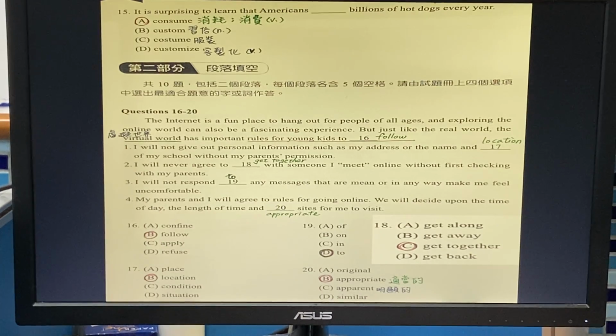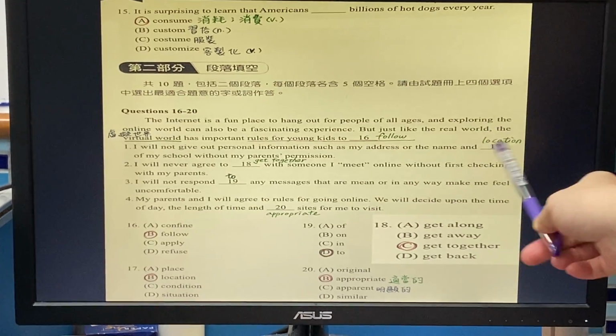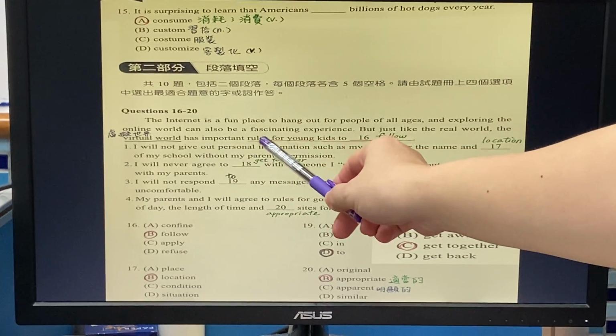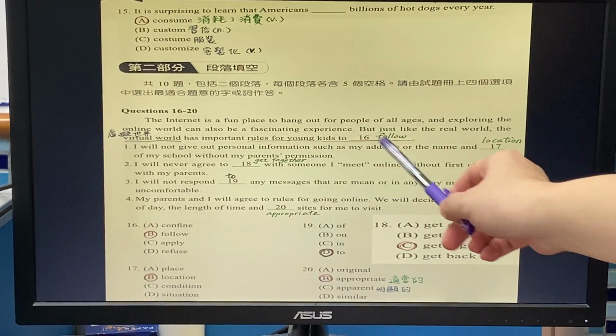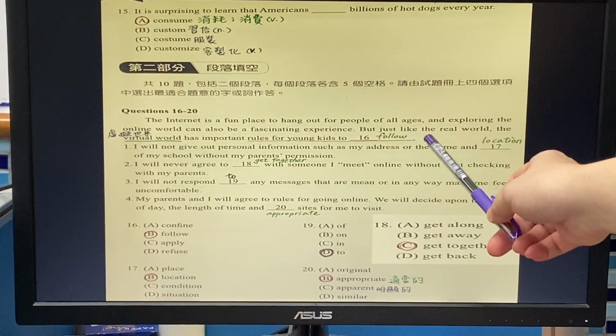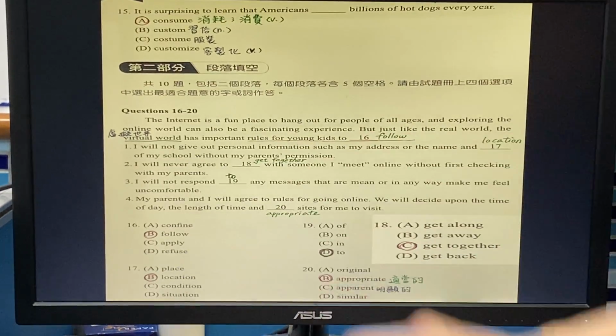Next, from 16 to 20. Look at 16. The virtual world, 虚拟世界 has important rules for young kids to follow. 遵守规定，我们会用 follow 这个动词 follow the rules.